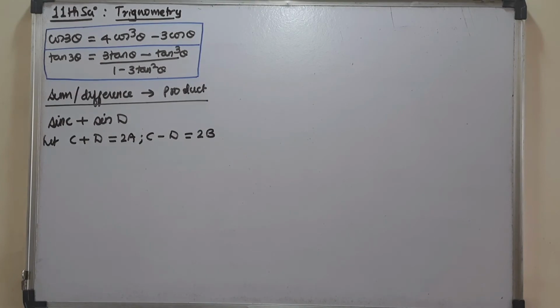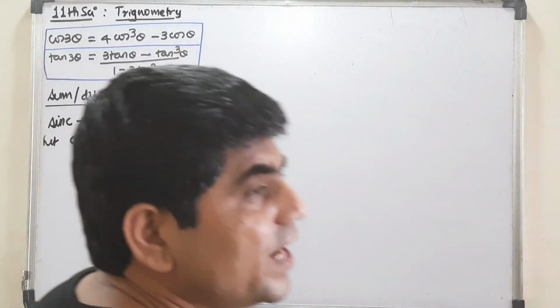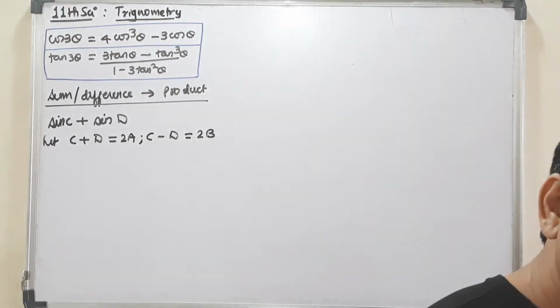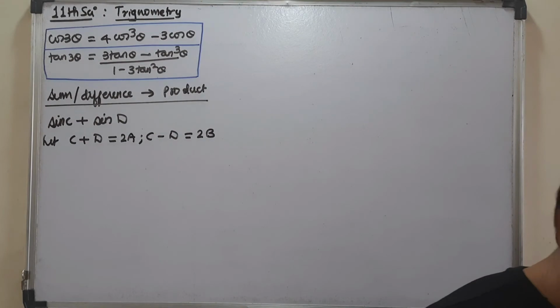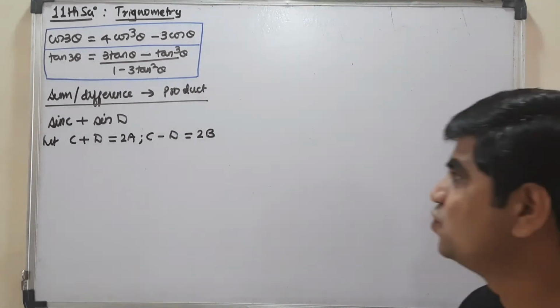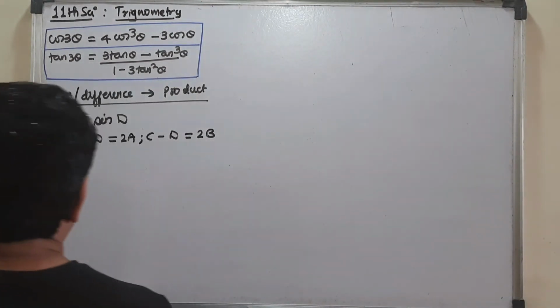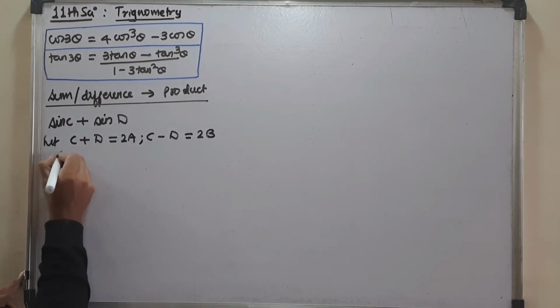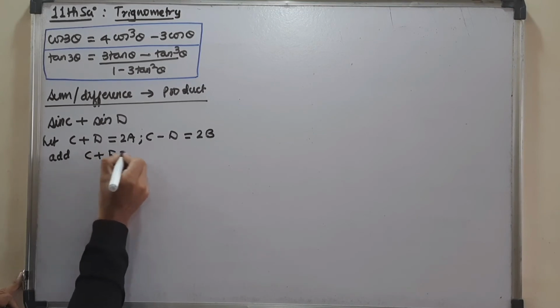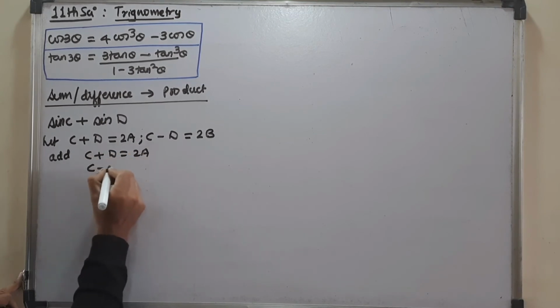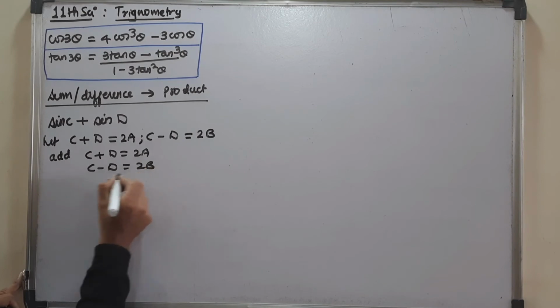Otherwise, I get it in the form of sin 2a or cos 2a or so like that. So if I add these two right now, first let us add. Obviously C plus D is 2A and C minus D is equal to 2B.